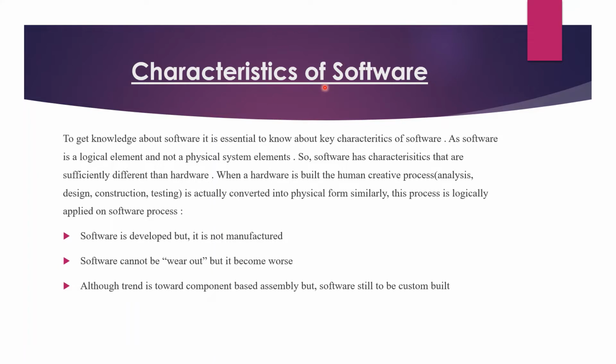Characteristics of software. Before going for the software requirement specification, it is necessary for us to know the main characteristics of software. As we all know, hardware is built by the human creative process like analysis, design, testing and constructing the particular hardware.